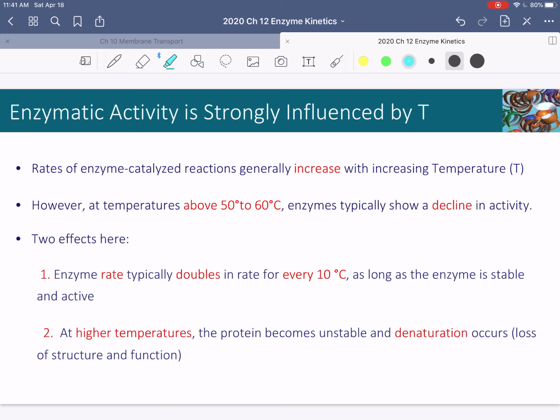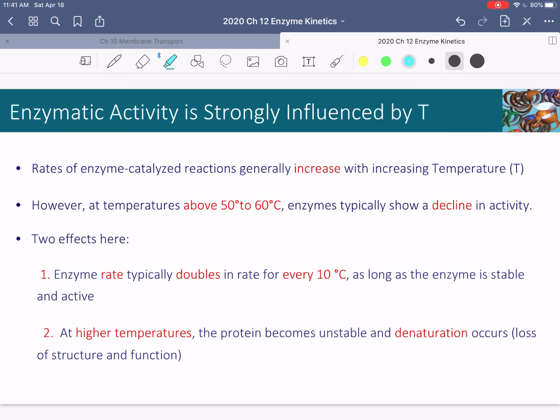Temperature is also a variable that can affect the activity of an enzyme. It turns out that enzyme activity increases with increasing temperature, mostly because you're increasing the movement of molecules of substrate around the enzyme, so that just by diffusion you can actually have more encounters when you have more motion, right?